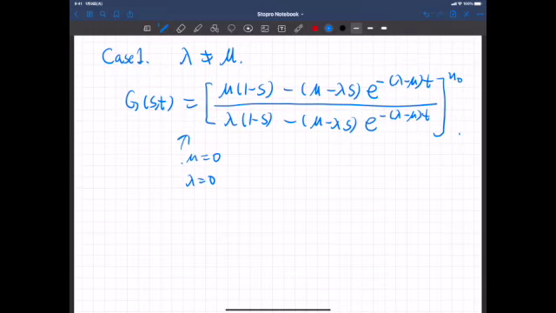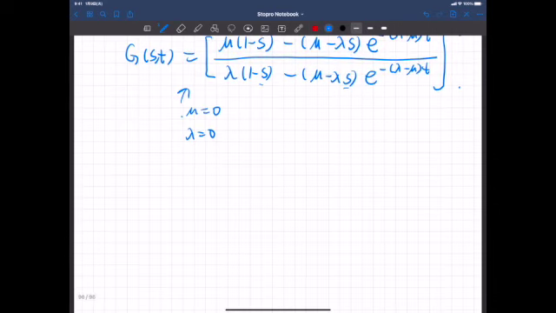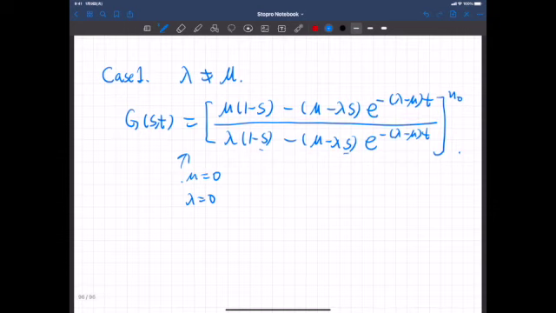If you expand this in powers of s, then you should get the probability mass function, all the pn's. But that is very tedious, and I don't recommend it. The real beauty of the PGF is that we don't have to know these mass functions in order to calculate important quantities such as the expectation values.